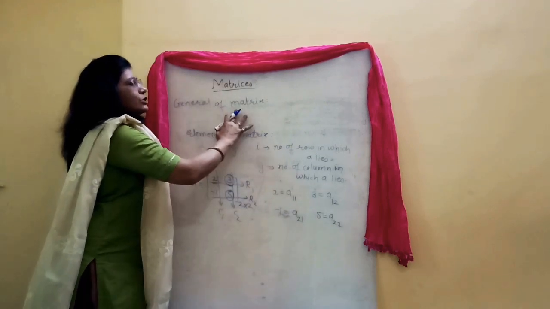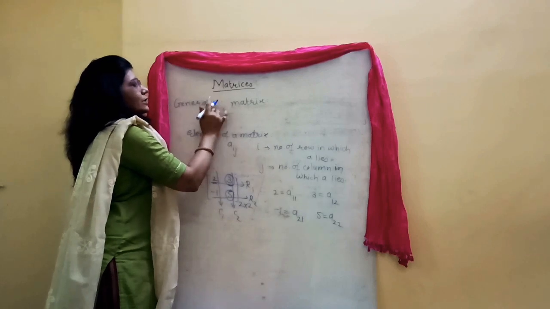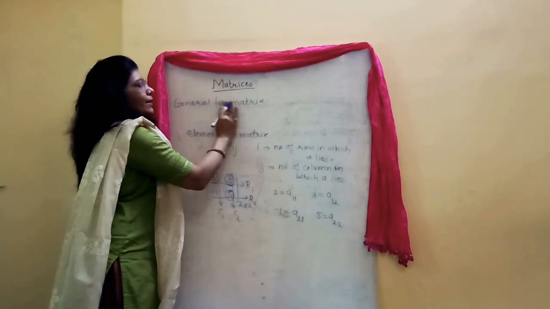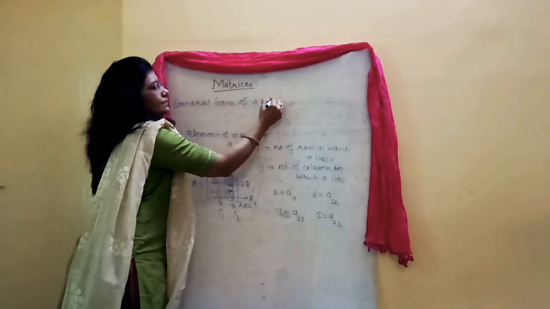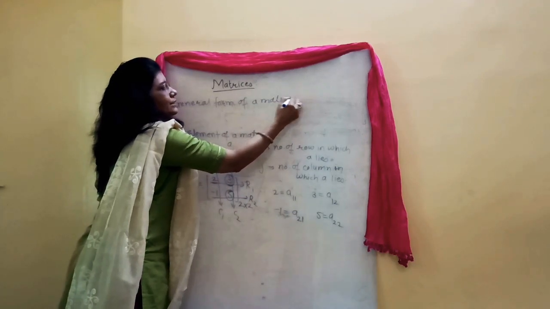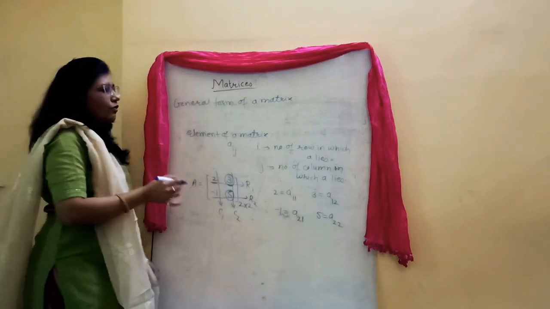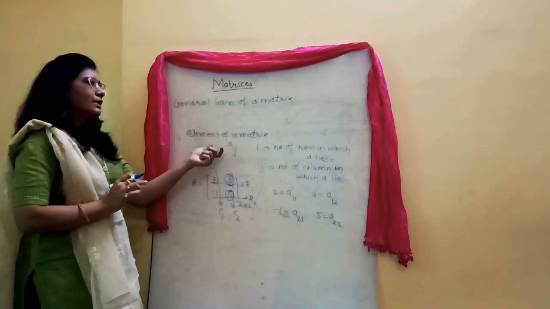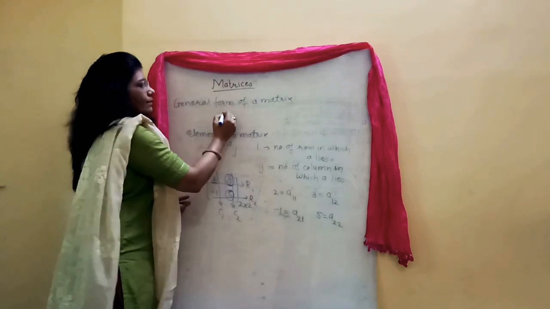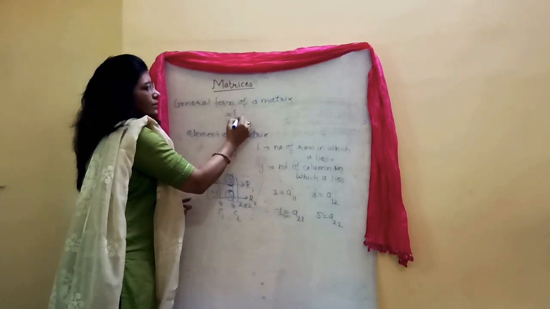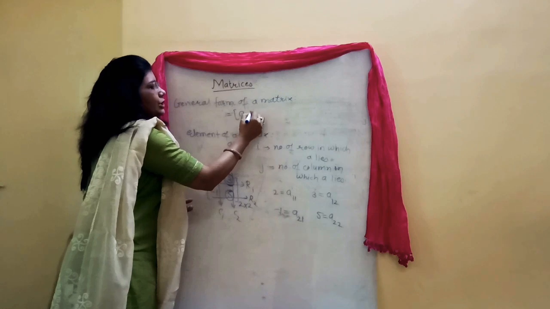Now what is the general form of a matrix? The general form is nothing but the arrangement of numbers which use the general element.